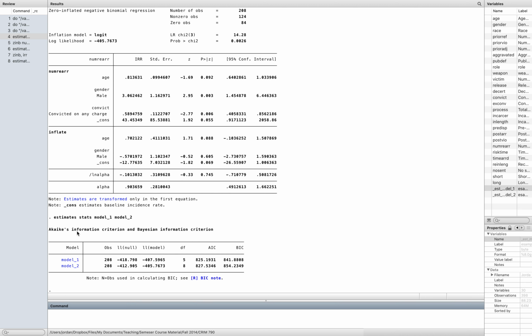The AIC is Akaike's information criterion, and the BIC is the Bayesian information criterion. So the lower the value, the better the model fit.